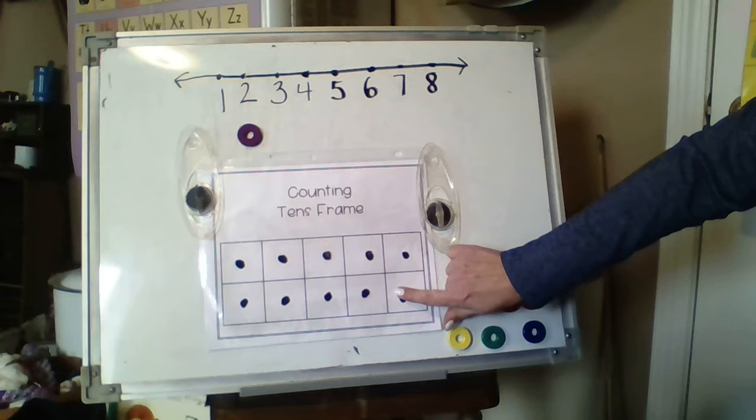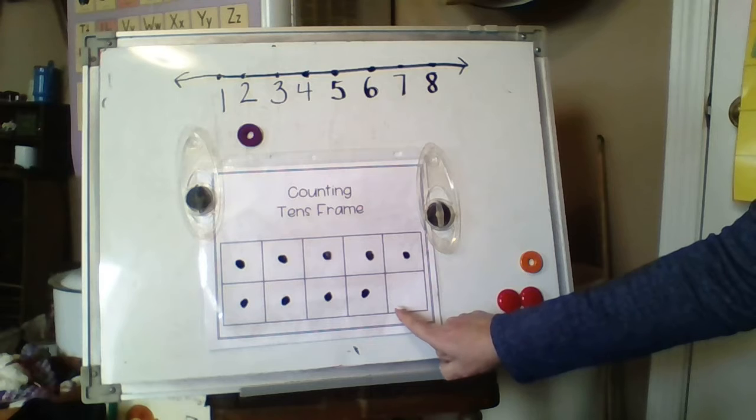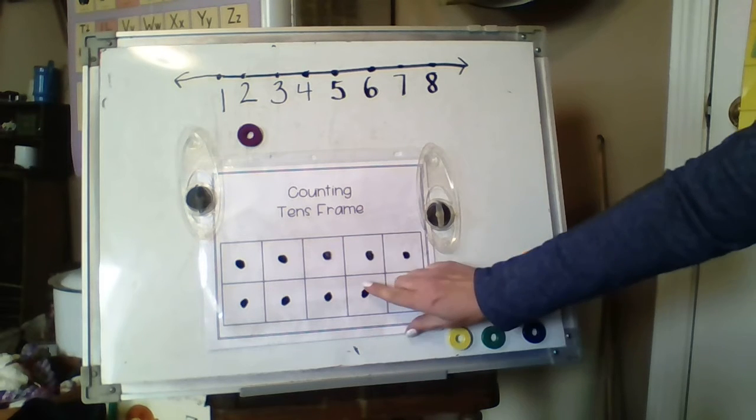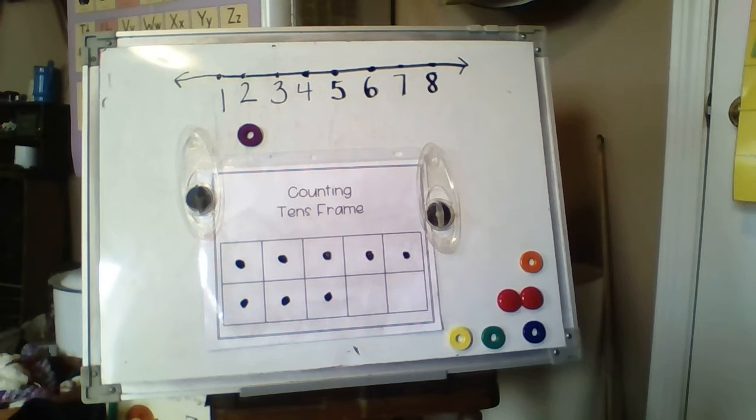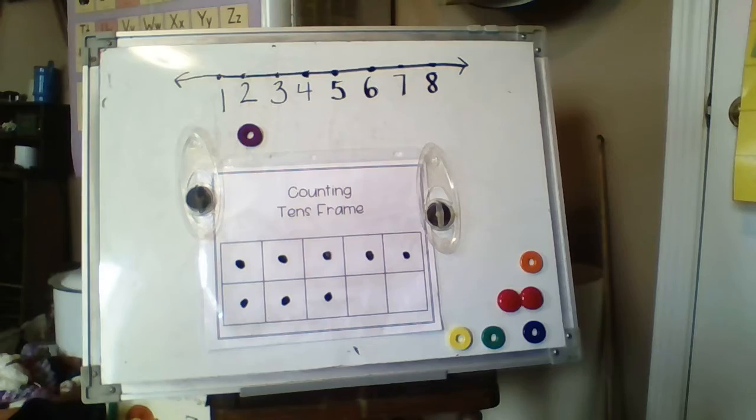If I take 1 away, now how many? 9 is 1 less than 10. Now how many do I have? I have 9, 5 on the top, 4 on the bottom. But if I take away 1, how many are left? Now there's only 8.